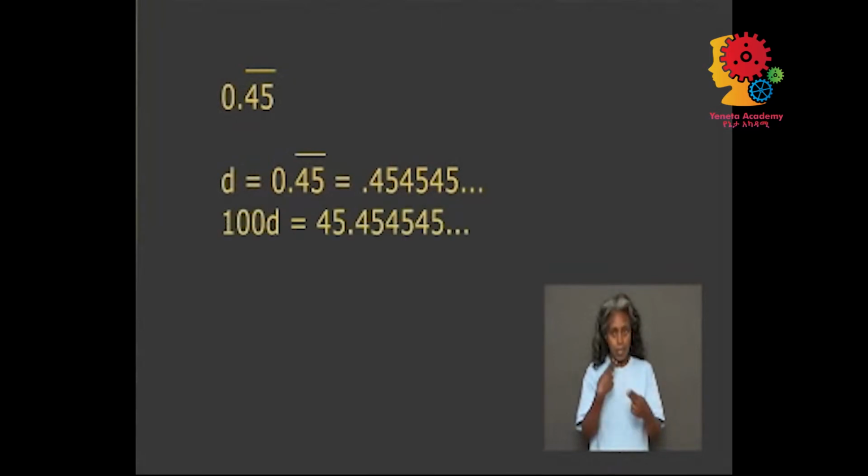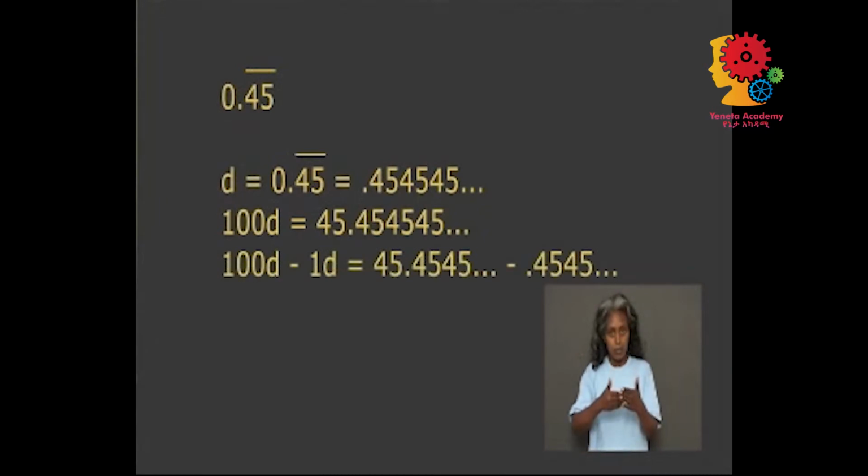We multiply D by 100 because there are 2 digits that repeat. 100D equals 45.4545, and so on.